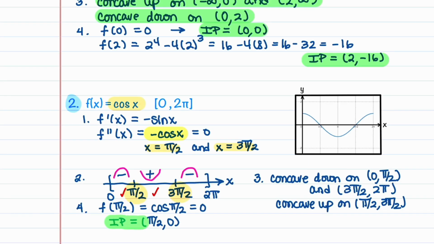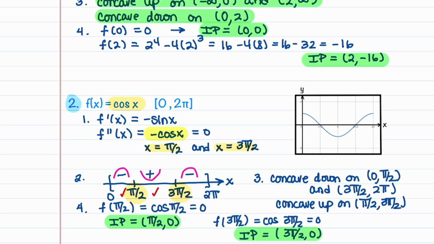Let's highlight that before we forget it. And then we do the same thing for x is 3 pi over 2. We have f at 3 pi over 2 is cosine 3 pi over 2. That is also 0. So we have an inflection point equal to 3 pi over 2 comma 0.